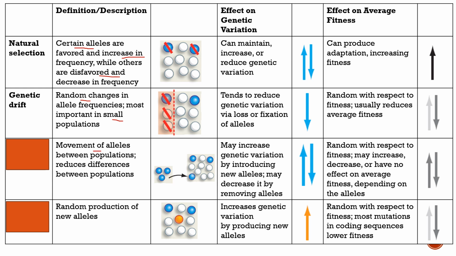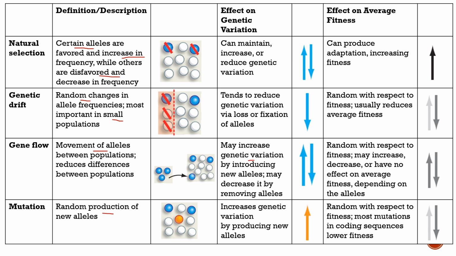Then the movement of alleles between populations is our gene flow, where things are coming in, which can increase genetic variation. And the random production of new alleles is the mutation.